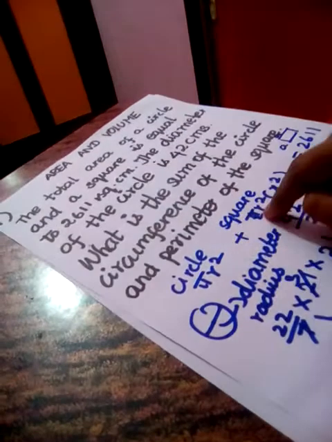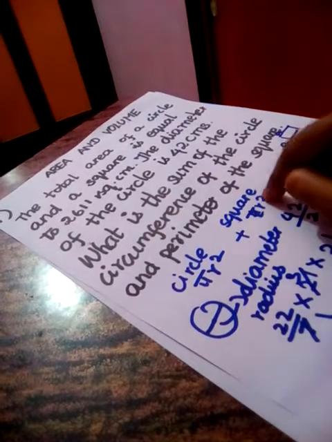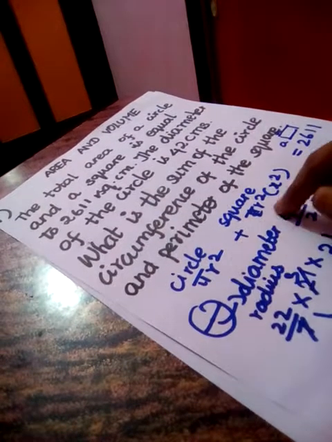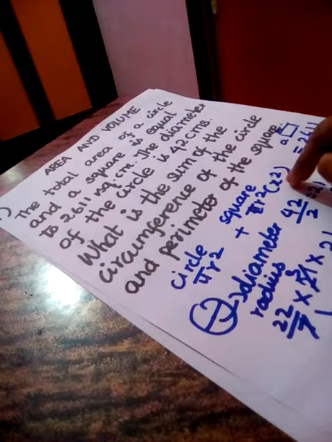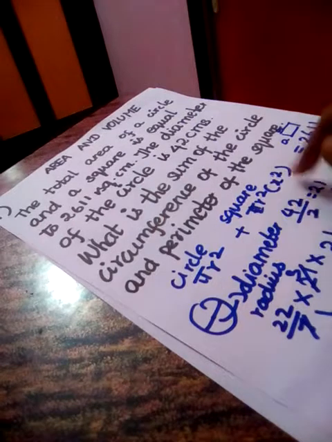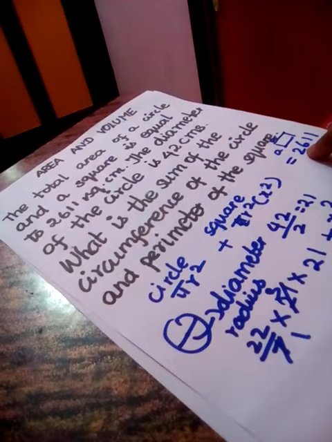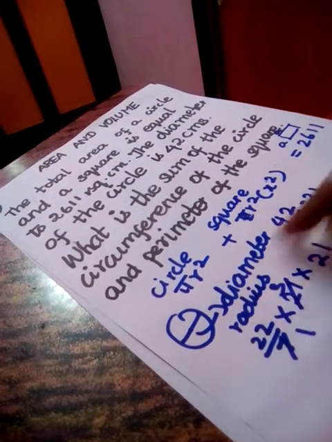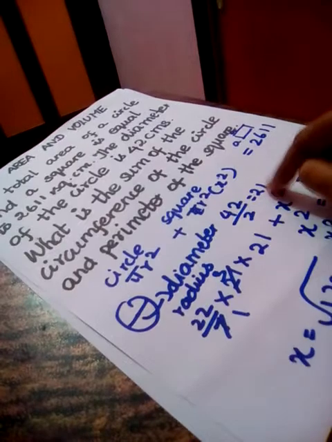Total, so summation of circle and square, pi r square plus a square, here I wrote as x square. So on summation we will be getting 2611, and the diameter is 42 by 2, hence it's 21.